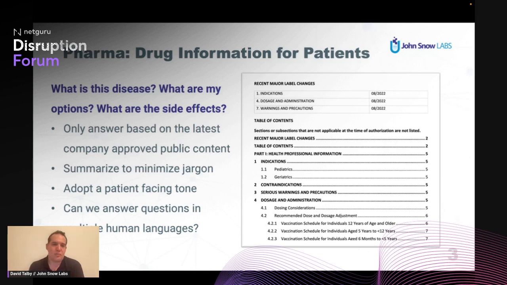Each company, when it takes its product to market, tells the regulator, here's what we tell patients, here's what we tell doctors, and you can only give answers from the latest versions of the approved documents in each country. Otherwise, you're breaking the law, because you're telling the government that this is what you're telling patients, but you're actually telling them something else. So the most important aspect here was, when you give an answer, only use these specific documents and only quote from them.